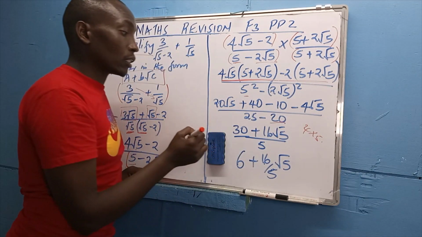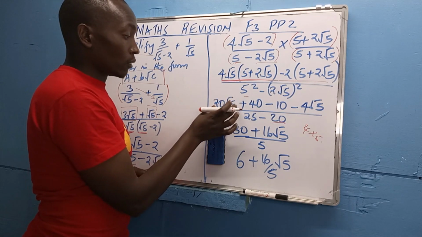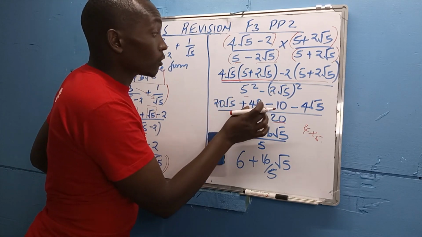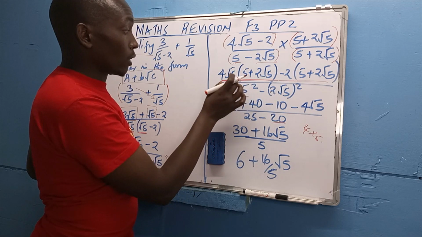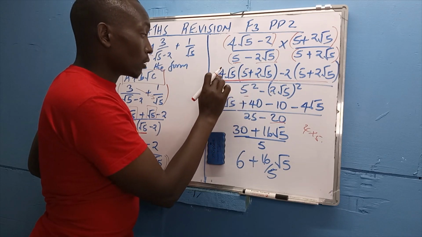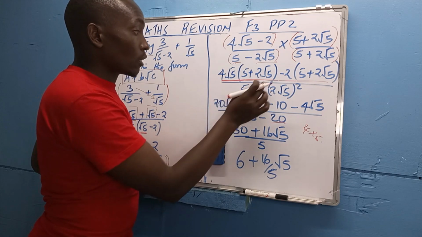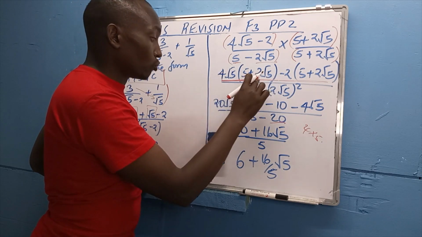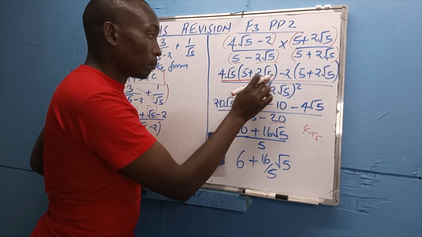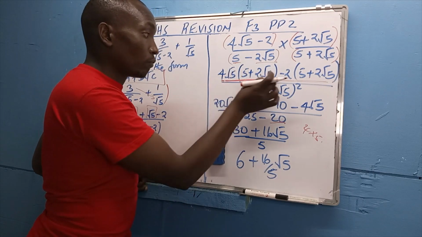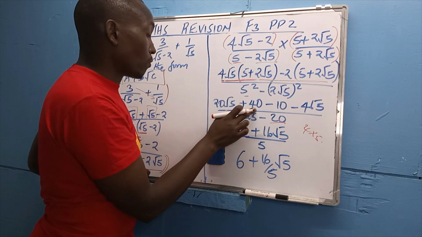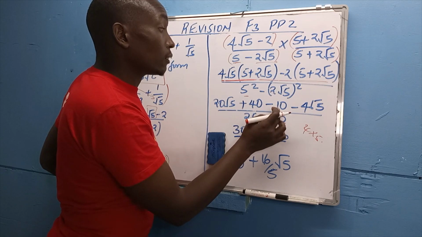That's how I get 20. With the upper one, this will be 20 root 5. If you open the bracket, this will be 4 times 5, 20 root 5. This one will be 4 times 2, 8, times 5, because root 5 times root 5 is 5, that is 40.